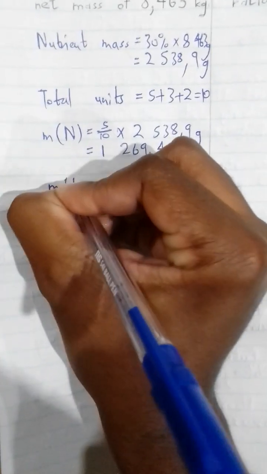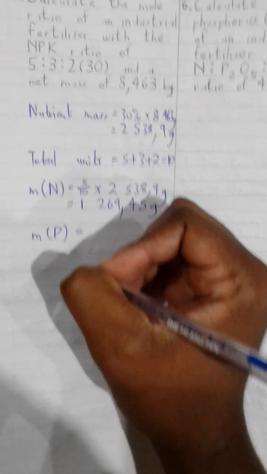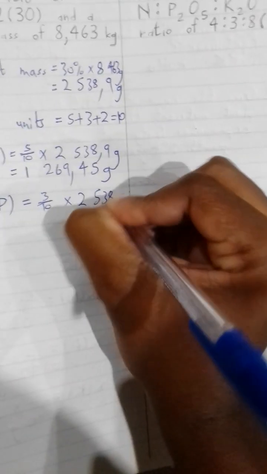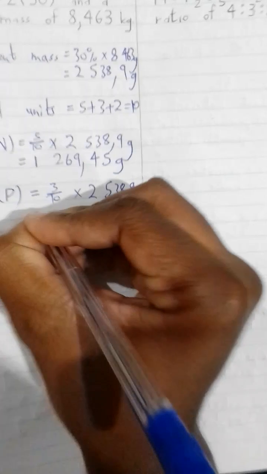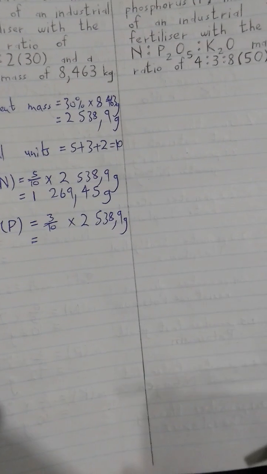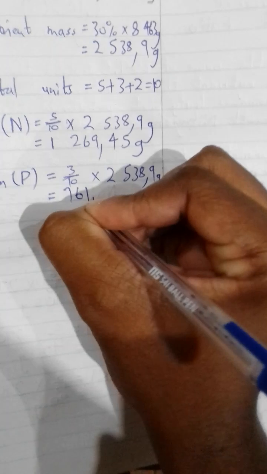Mass of phosphorus, it's 3 over 10 times 2538,9 grams. Seven hundred and 61.67 grams, right?